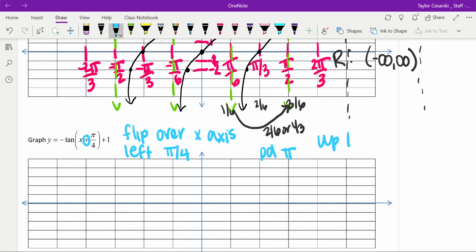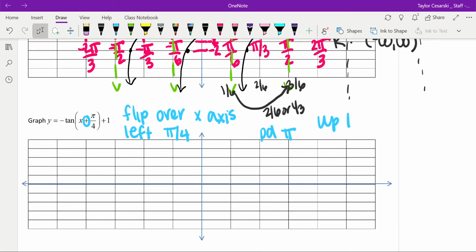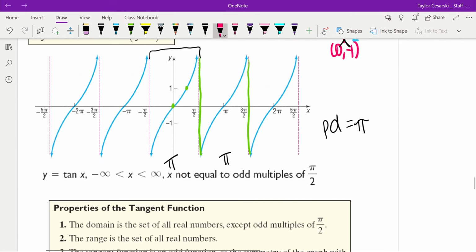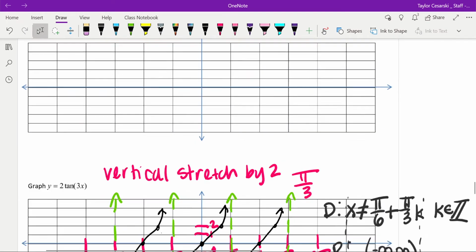Okay, so I'm going to go ahead and just sketch where my asymptotes will be because that's what I'm going to have to use to determine my domain and range. So normally, since I haven't changed my period, this right here will be the same as my original parent function, and that right there will be pi.